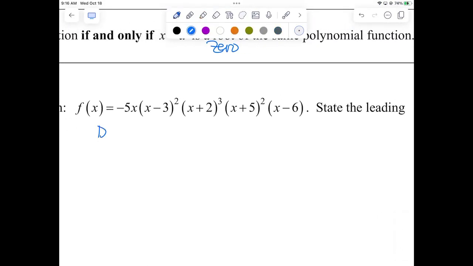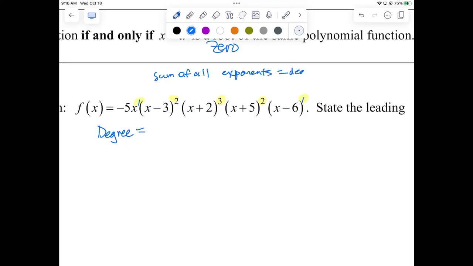First of all, let's talk about the degree of the polynomial. This is in factored form, right? But if you were to expand it out, you would have an x to the first, an x to the second, an x to the third, an x to the second, and then another x to the first. Guess what the sum of all the variable exponents gives you?